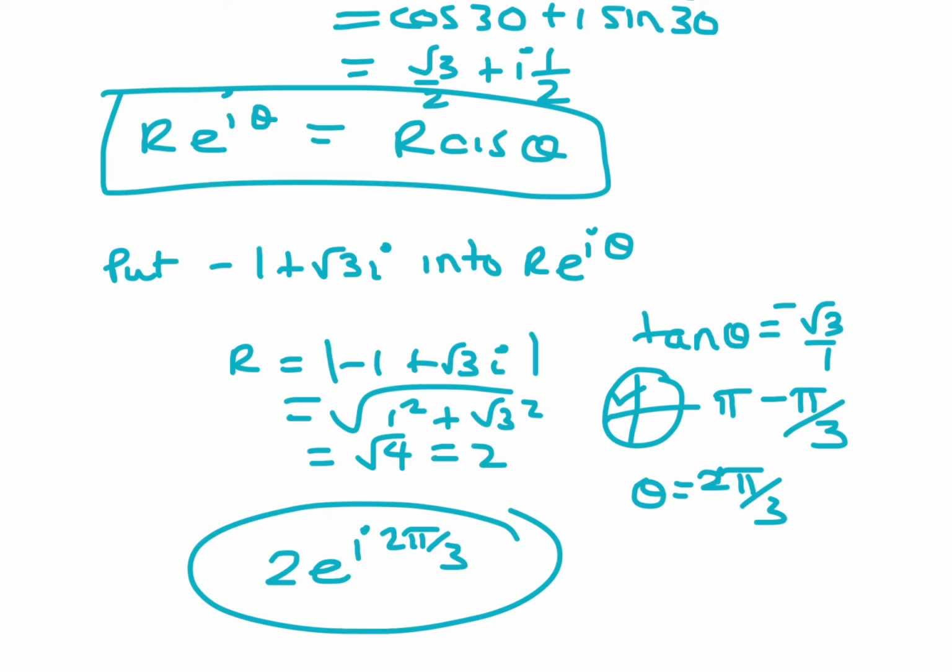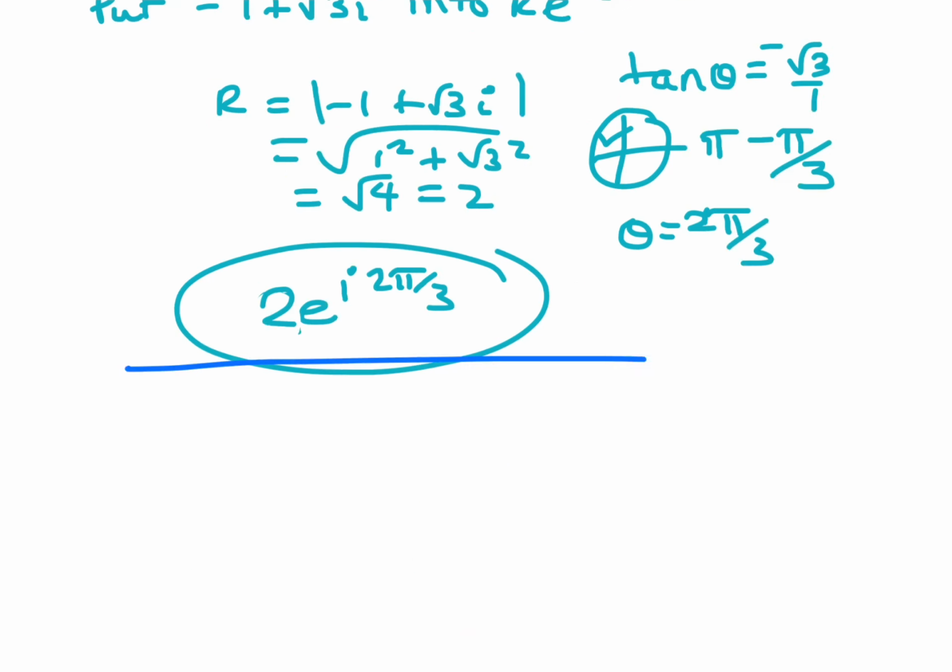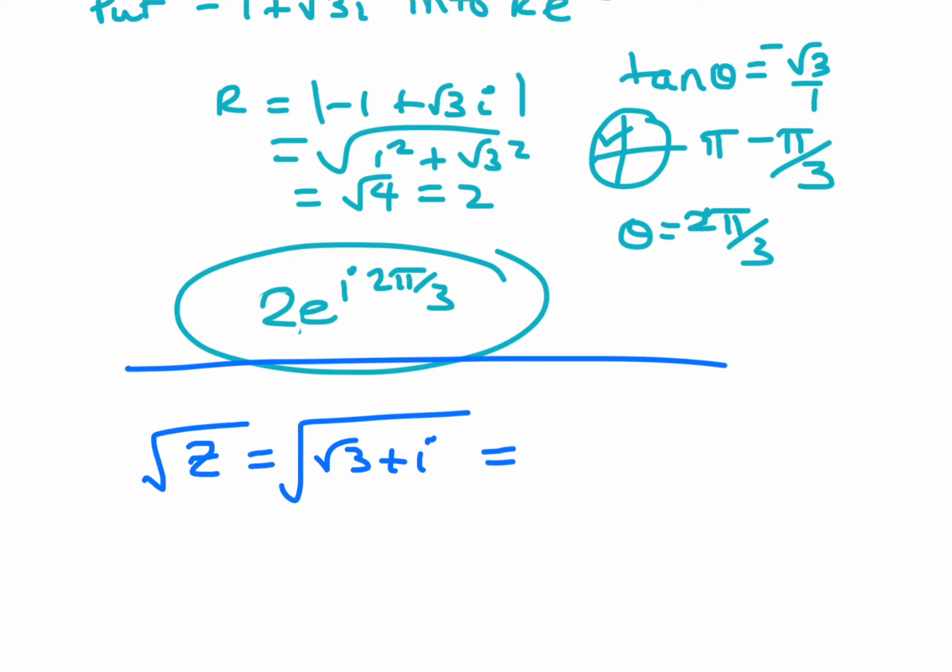Just noting with all of these, the modulus is the magnitude and the angle is like your direction of your vector. This then makes it really easy to, say you've got z equals root 3 plus i, and you want to evaluate root z.